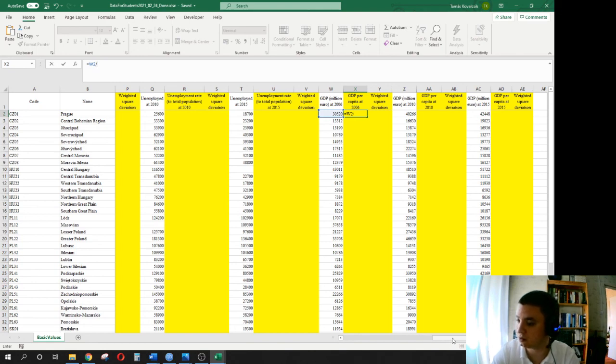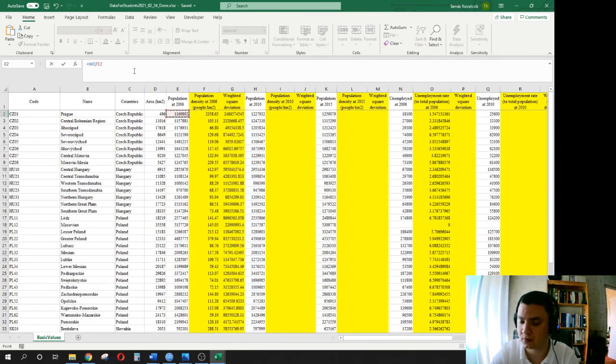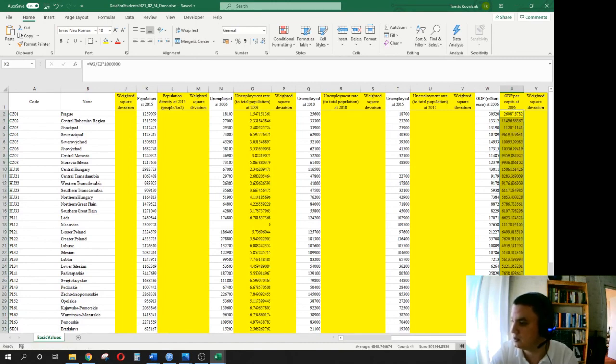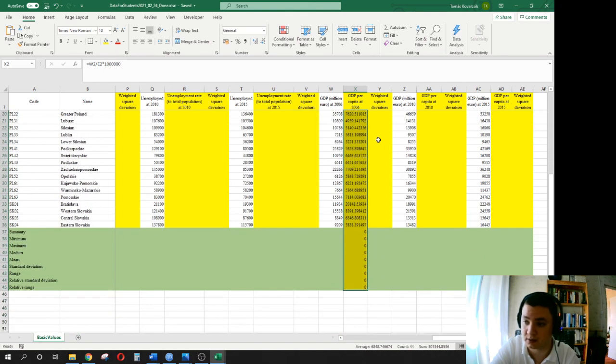So we have to divide it by the right population and multiply by 1 million. Okay, here we are. This is the GDP per capita at 2006.